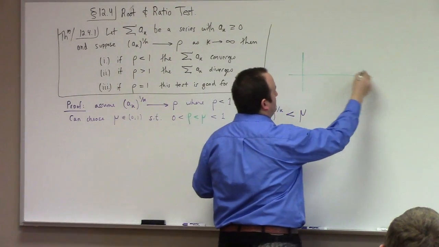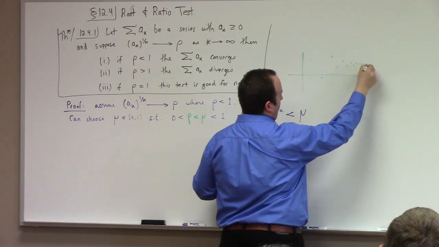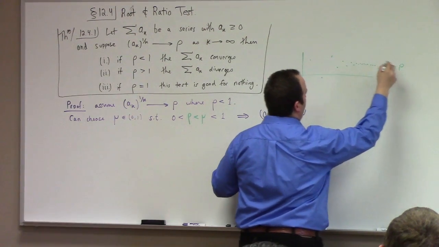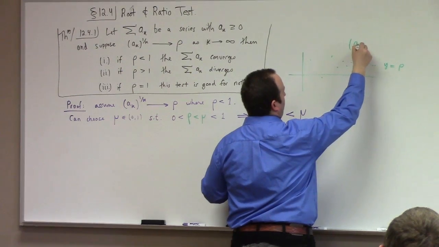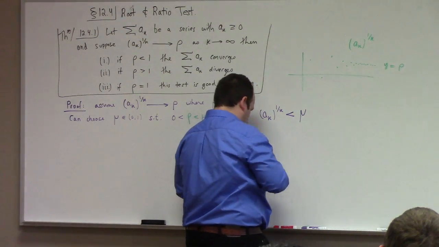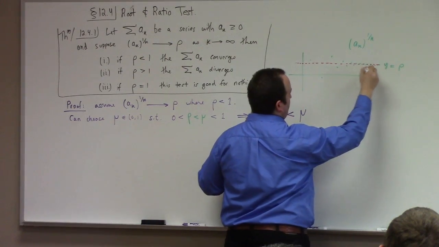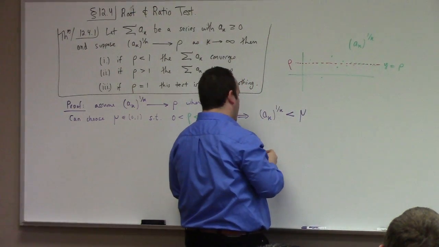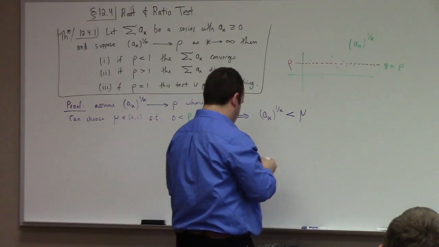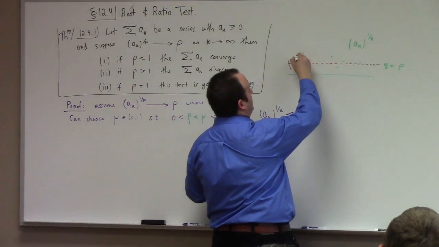If this is a picture, here's rho. And we're looking at the kth root of a sub k as the sequence here. Then that's rho. And where's mu in this picture? Mu would be like up here, right?